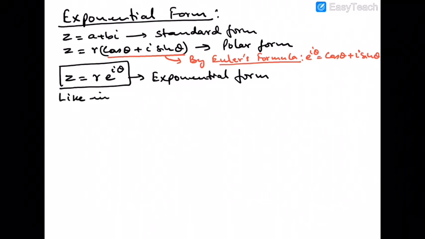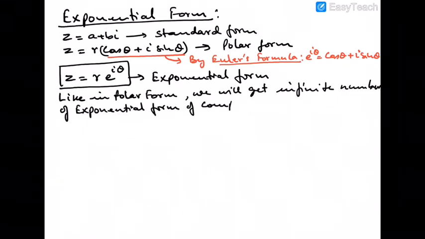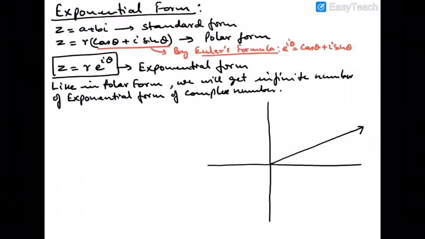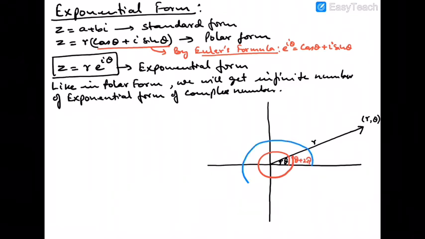Now, like in polar form, we will get an infinite number of exponential forms of a complex number. Now, if theta is the angle between the positive real axis and this line segment, and if we complete one circle and reach this line again, we make theta plus 2 pi, and for the second round we will make theta plus 4 pi.